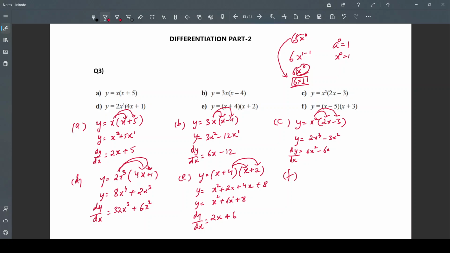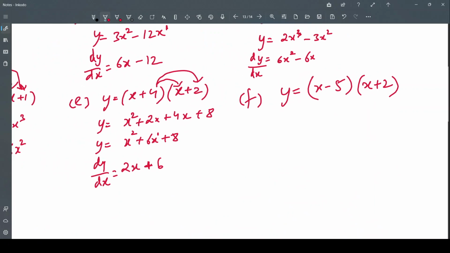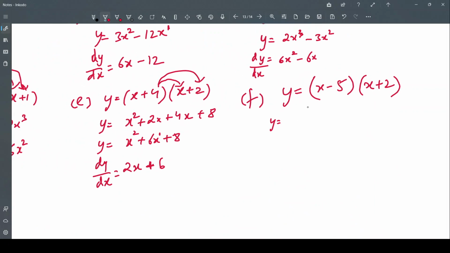Same way we have to expand this bracket. If I expand this bracket, x will be multiplied with x to get x square, and x multiplied with 2 gives 2x. Then minus 5x, and minus 10.